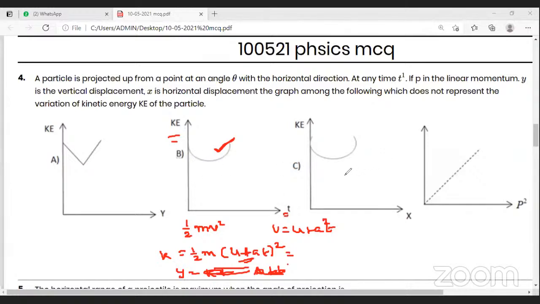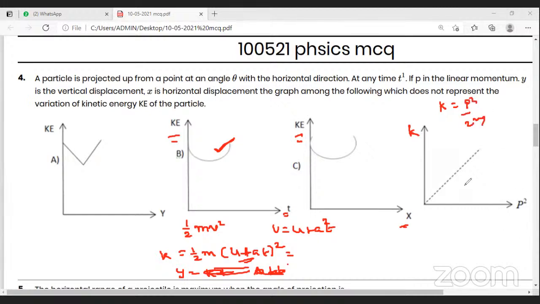And here also, kinetic energy and x only. X means only the horizontal distance. In case of horizontal distance, it directly follows the same relation. And the last one, kinetic energy and p square. What is the general formula for kinetic energy? p square by 2m.